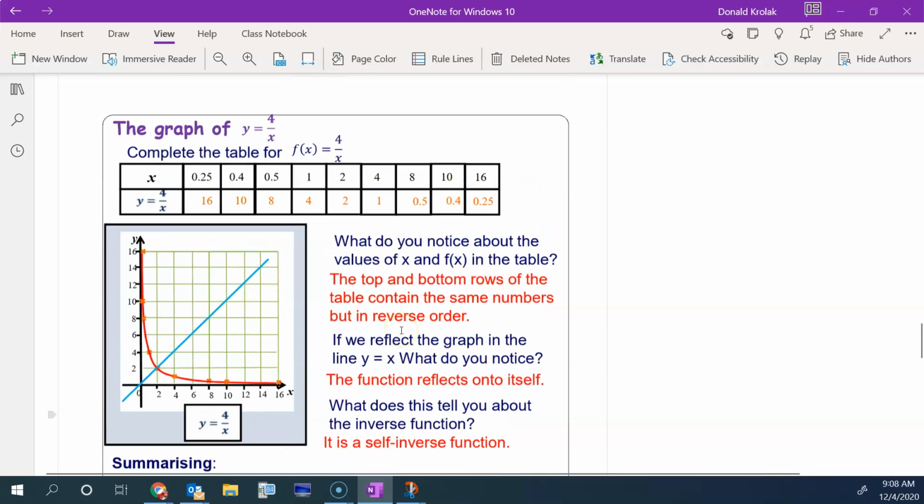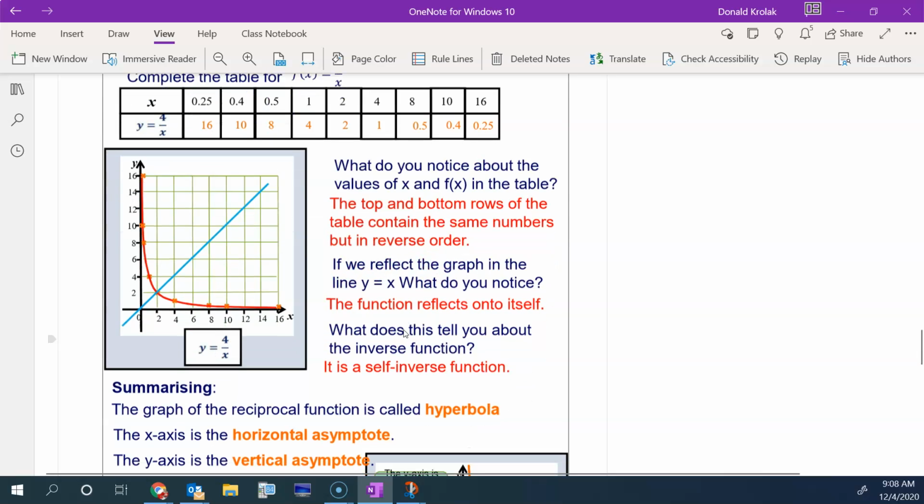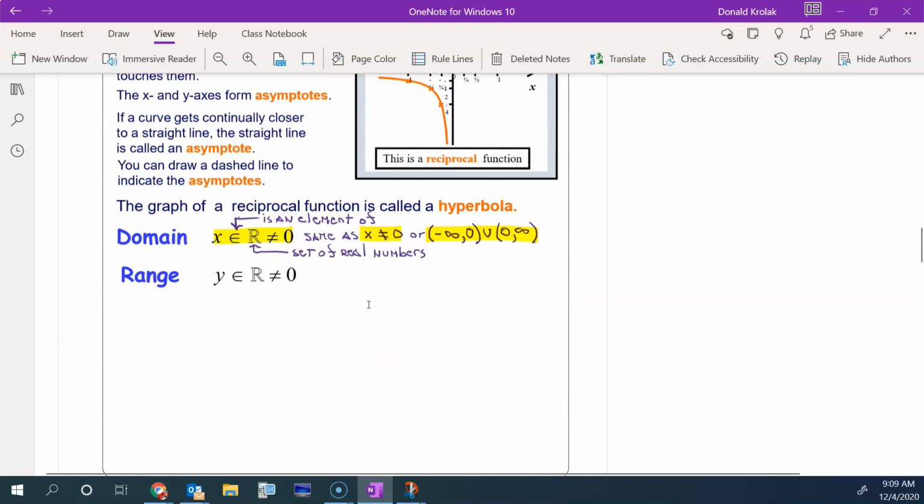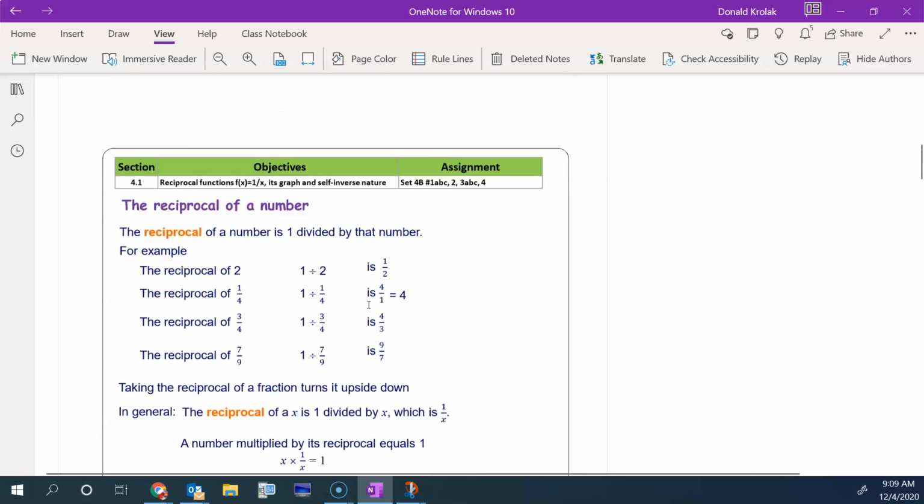What we just did was this page right here. So when you did a reciprocal, the inverse of a reciprocal function is itself. It's the exact same thing. It's its own inverse.